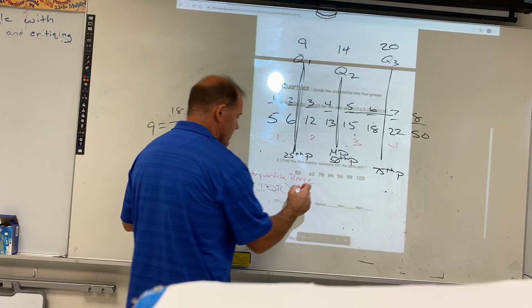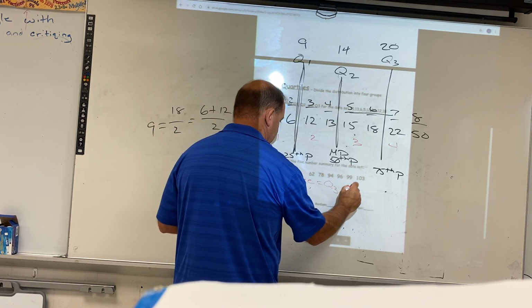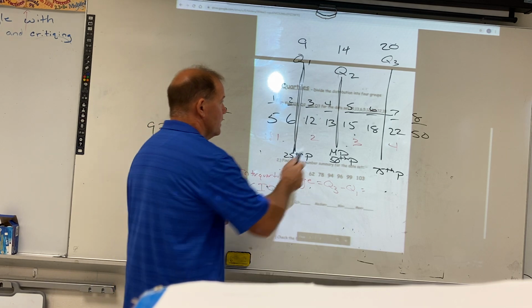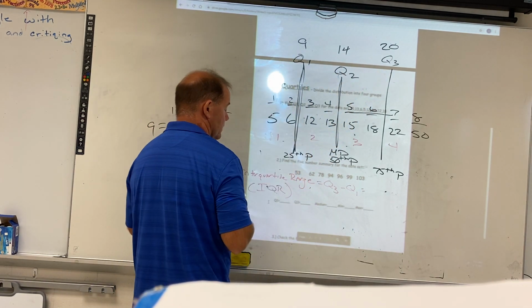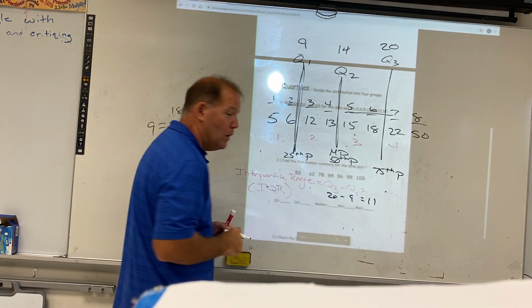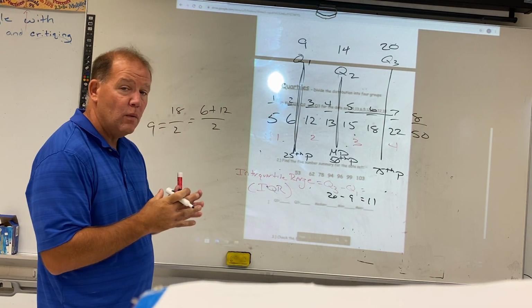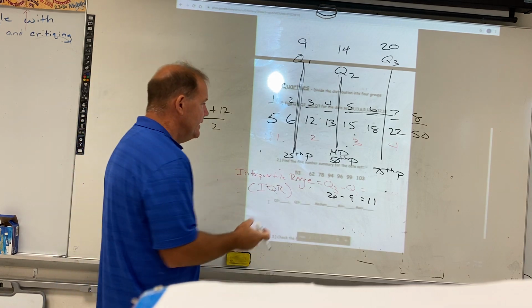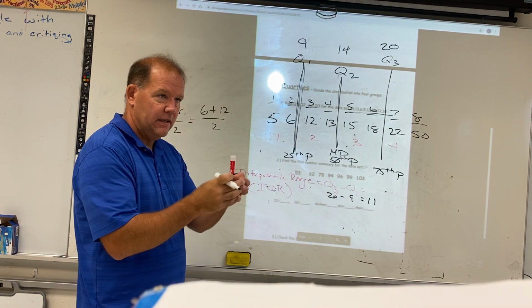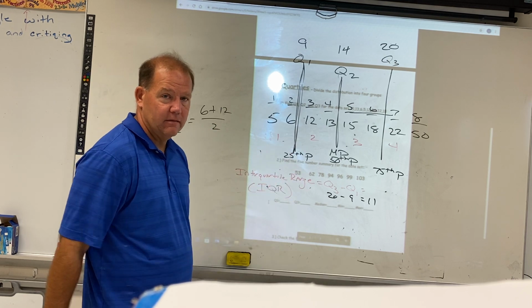Basically, it's the range between Q3 and Q1. Q3 is 20, Q1 is 9, the IQR is 11. The way you want to think about the IQR, it's the middle 50% of your data. It's the spread of the middle 50%.